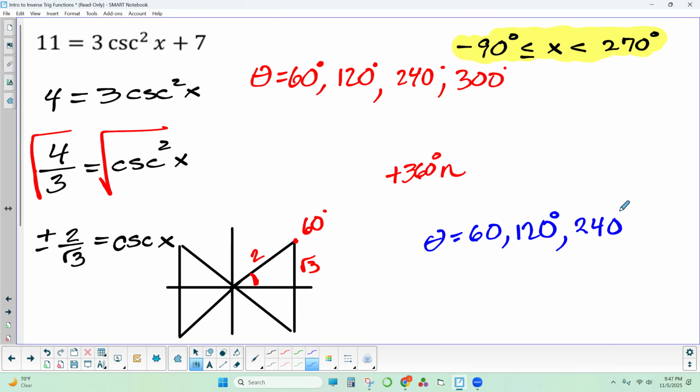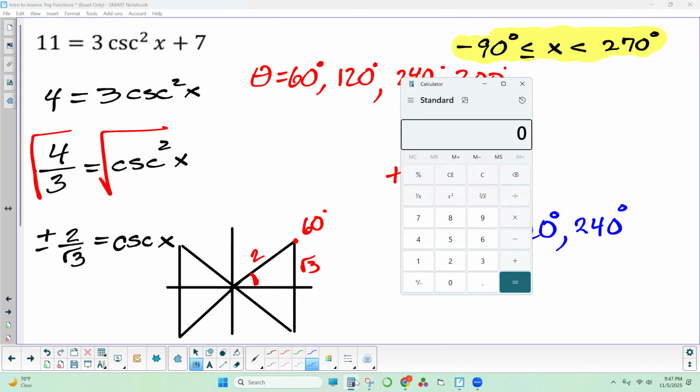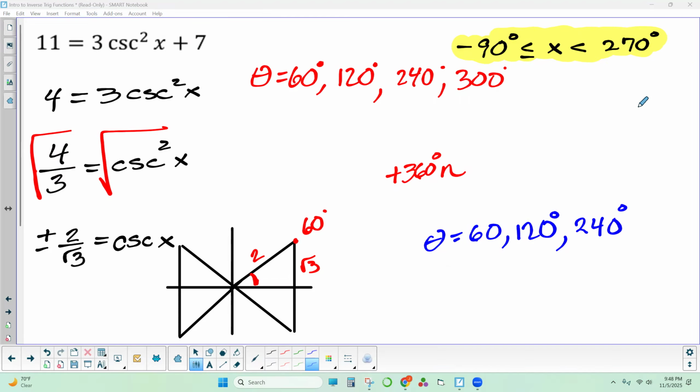So I can't do anything there. 240 degrees fits into my interval. And if I subtract 360, is that going to put me past negative 90? Let's see. 240 minus 360 is negative 120, so that is past negative 90.